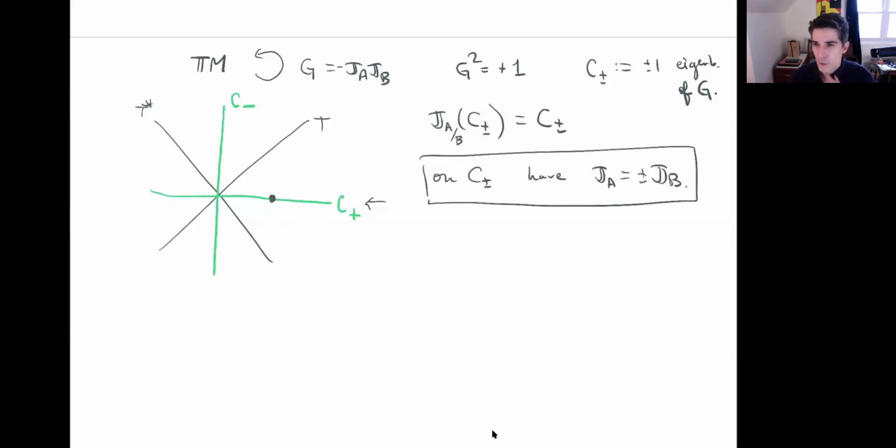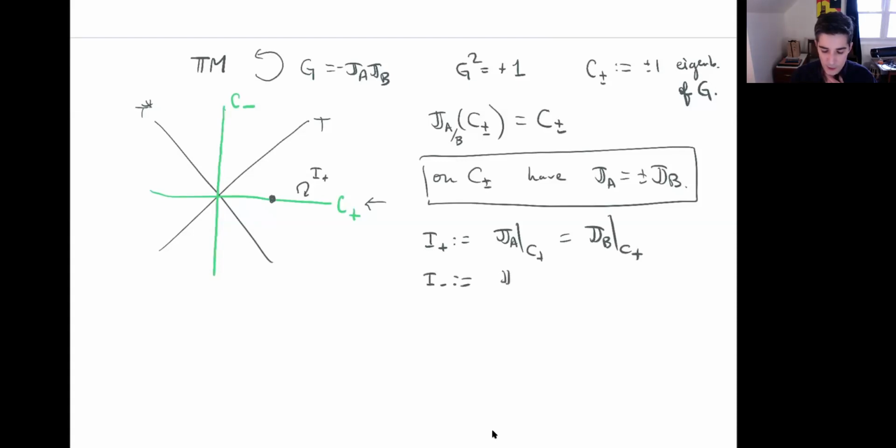Okay, so really there's only two pieces of data. There's a complex structure I plus on C plus, which will be, by definition, the restriction of JA to C plus, which is the same as the restriction of JB to C plus. And I minus will be the restriction of JA to C minus, which is minus JB applied to C minus.